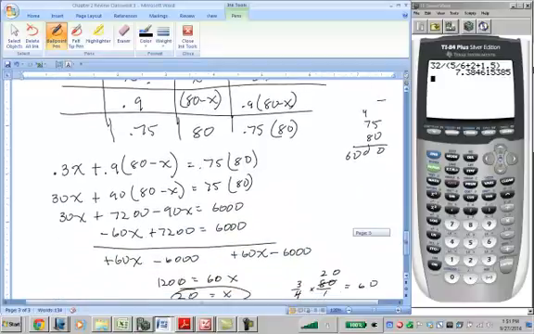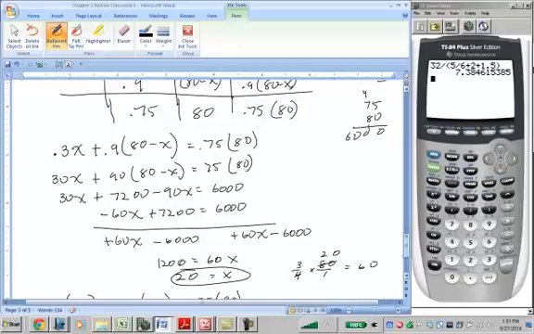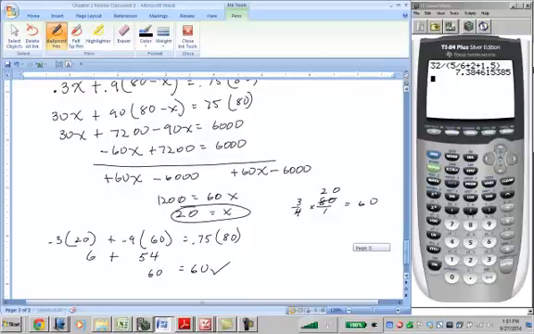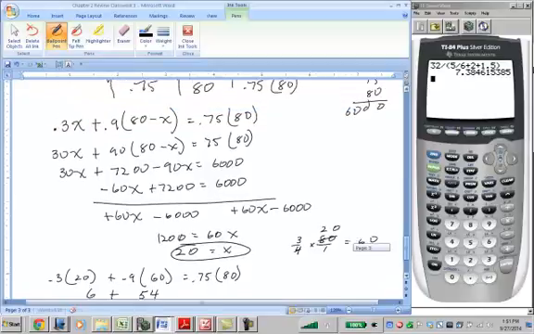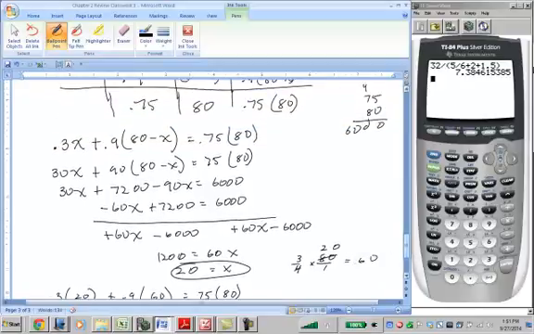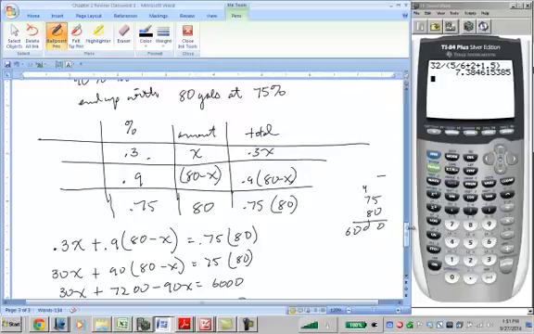And you work it all out, and you get x equals 20. So you can stop the display if you need to look at this longer. And then I check it. I just plug it back in the original equation. I end up with 60 equals 60. So you would have 20 gallons at 30%, and then 60 gallons at the 90%.